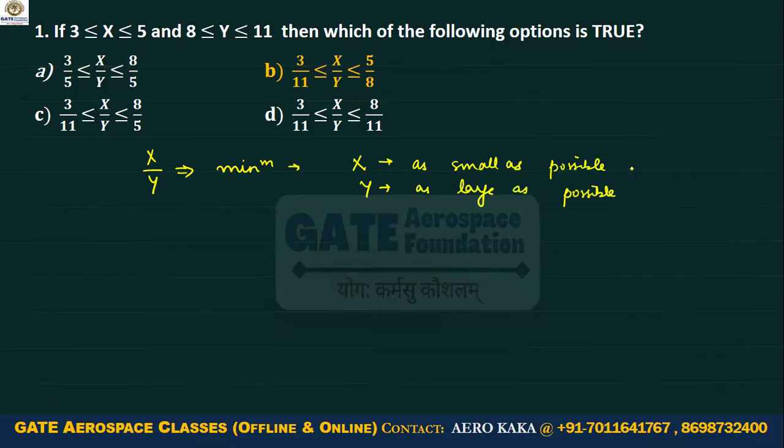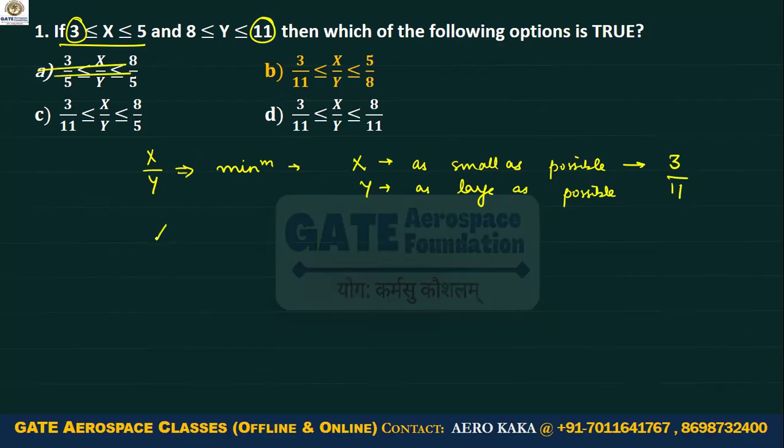This is a function of ratio. Now the smallest possible value of x as per the range is 3, and the largest possible value of y is 11 as per the given range, so 3 by 11. The option which has 3 by 11, so option A is eliminated over here.